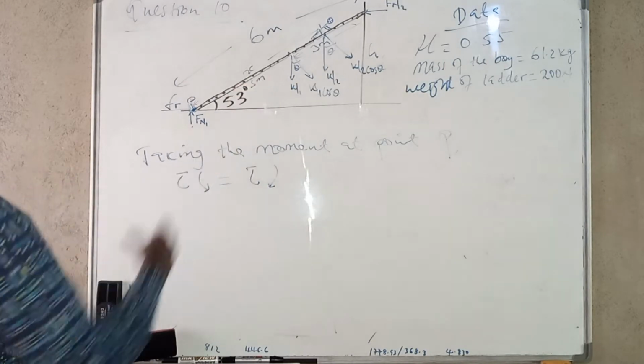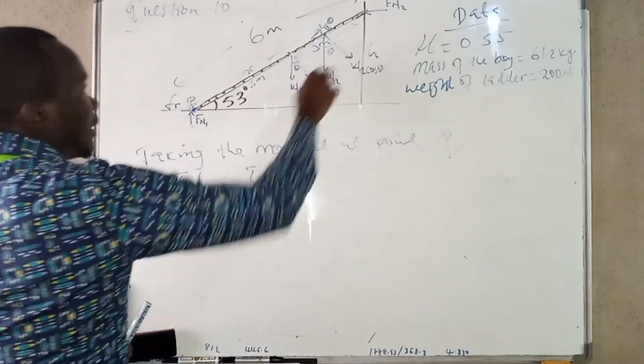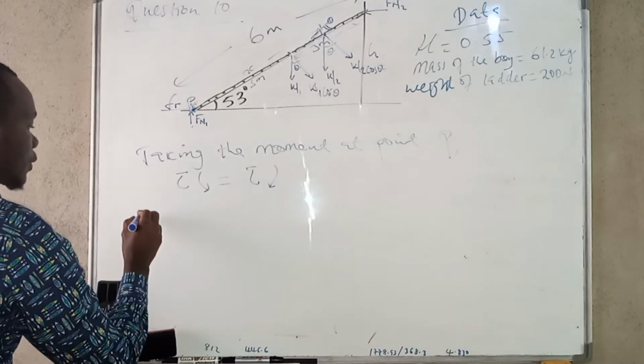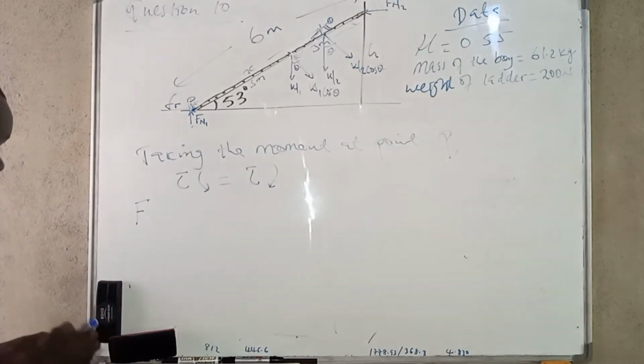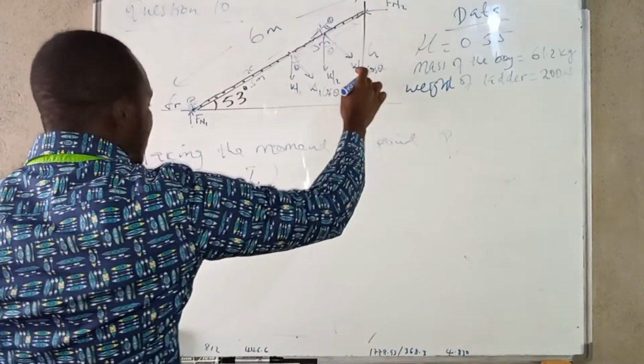So we are going to begin with Fn2. So Fn2 times h. Moment is equal to force times the perpendicular distance. So the perpendicular distance to this is h.